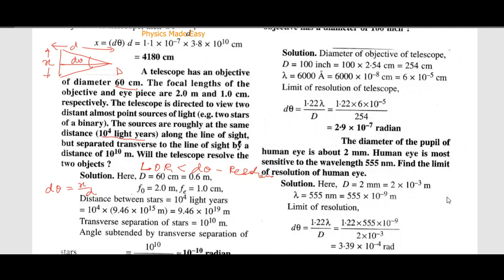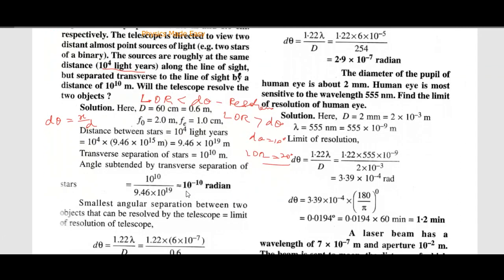If the limit of resolution is more than this d theta, that is, d theta is 10 degree, suppose the limit of resolution is say 20 degree, then it won't be resolved. So if the limit of resolution is less than the actual angular separation, then it will be resolved.